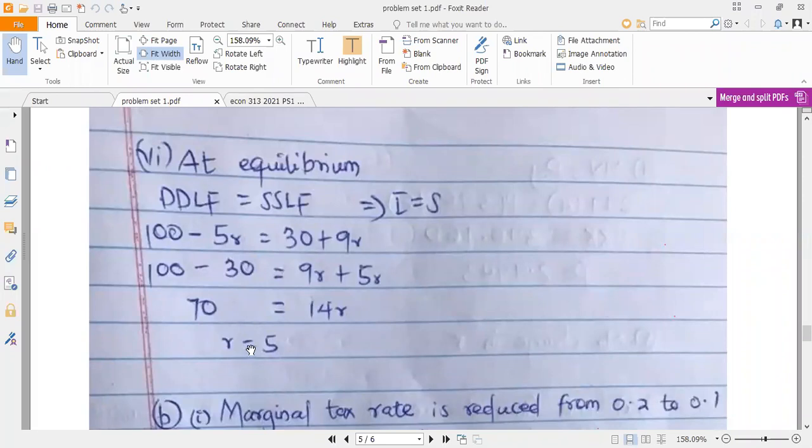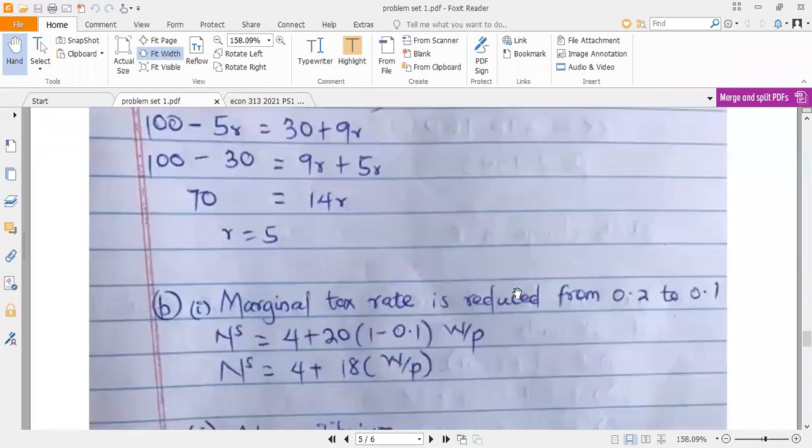Then for the B part, the policy was that they've reduced the marginal tax rate from 0.2 to 0.1. So we're supposed to go through everything again to see the effect of this policy. From the equations that were given, the marginal tax rate has an effect on the labor supply function. So you go back to the labor supply function and insert t equal to 0.1.